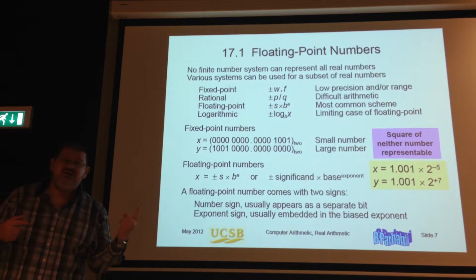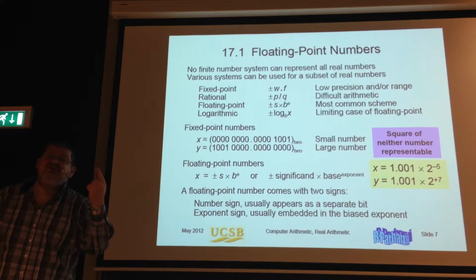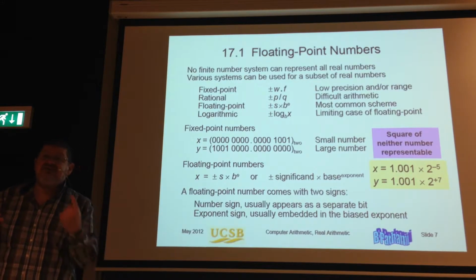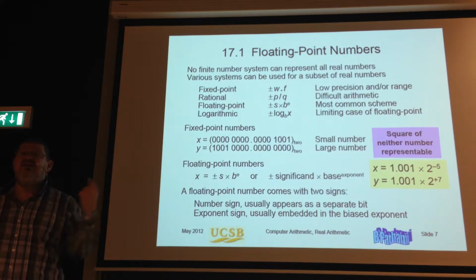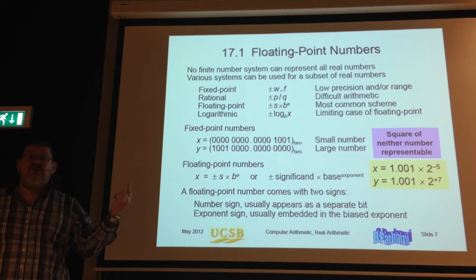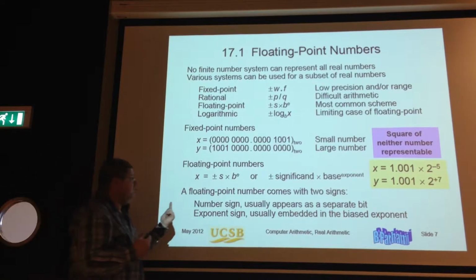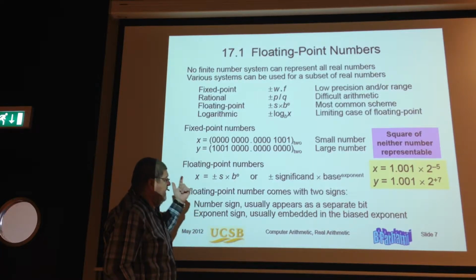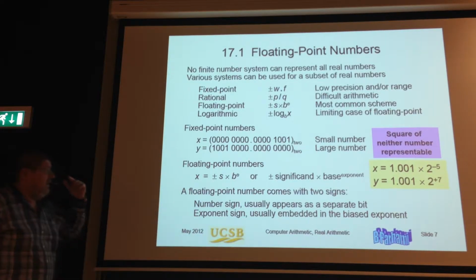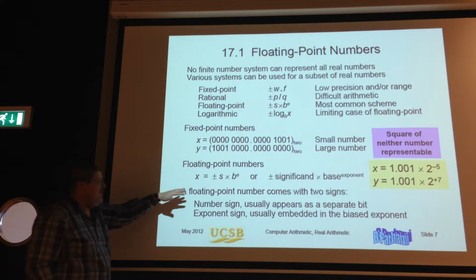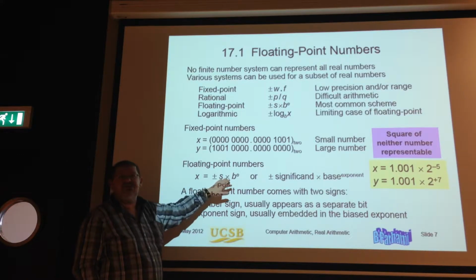The sign of the significand, which is actually the sign of the number, and the sign of the exponent, which is telling me where the position is, positive or negative. I should not make confusion between those.